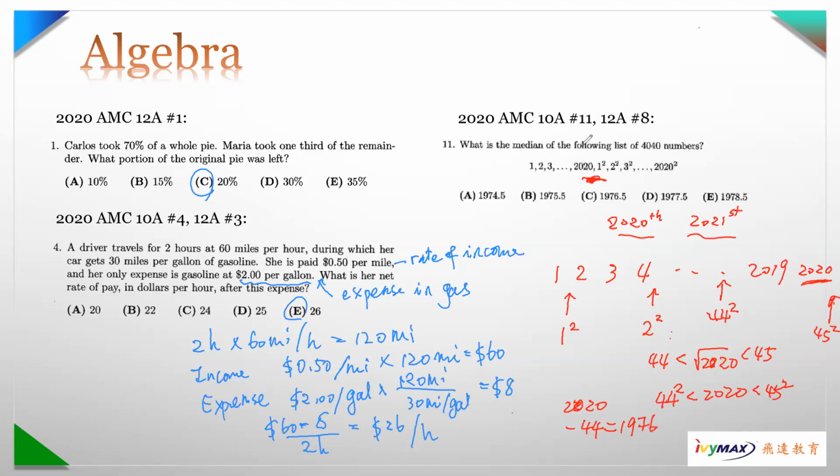So at this location now, the value changes into 1976, and the next location should be 1977. After I got the value of the 2020th number and the 2021st number, which are 1976 and 1977, I just find the average of the middle two, which should give you the answer of C, right?